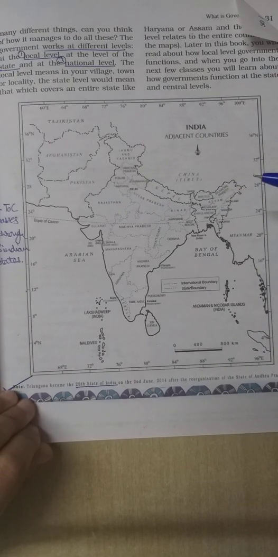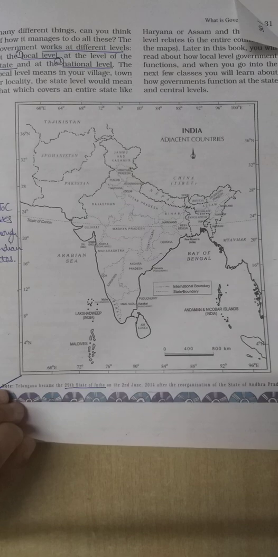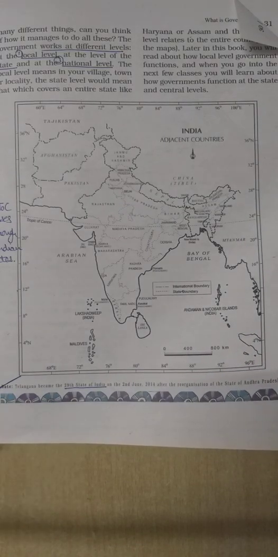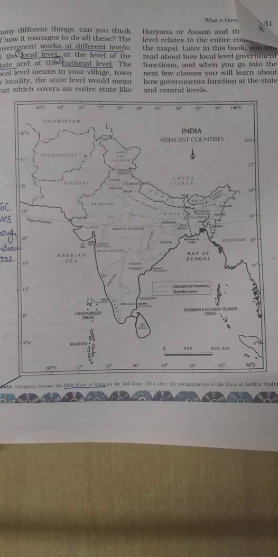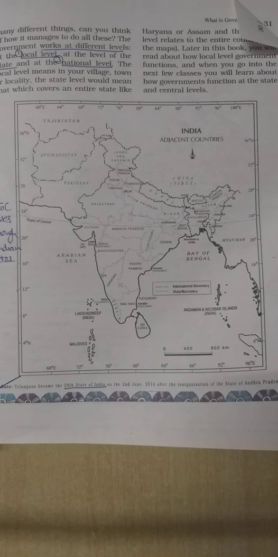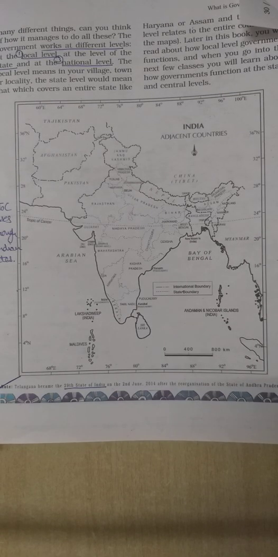This will show you the map, okay, later. Now, I have two more union territories, which is Jammu Kashmir 1, and Ladakh. Okay.